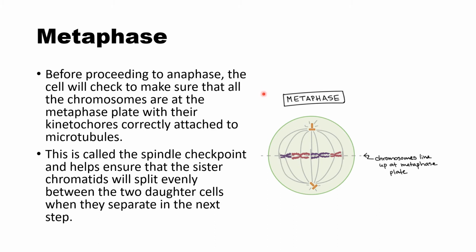So if a chromosome is not properly aligned or attached, the cell will halt yung division until the problem is fixed. Pag hindi properly attached, i-stop niya yung cell division.